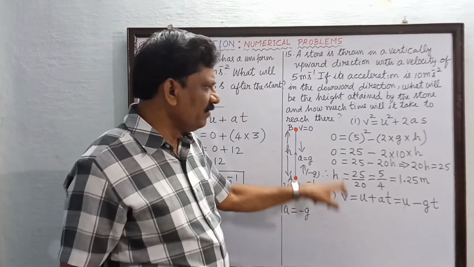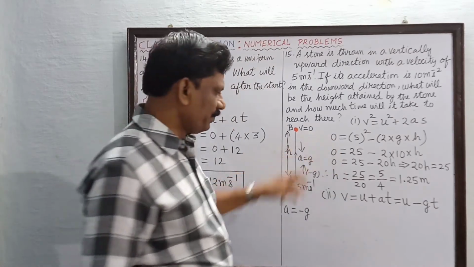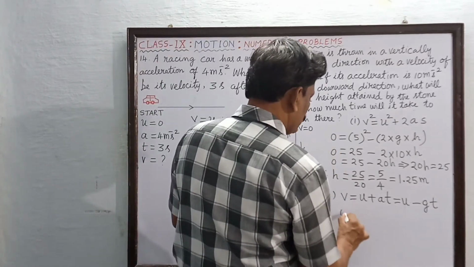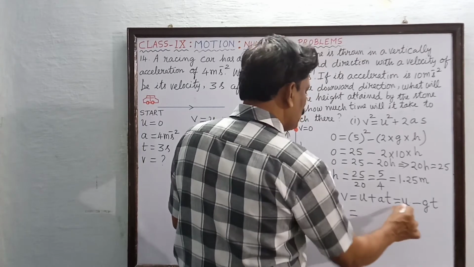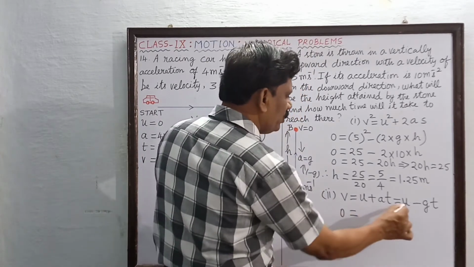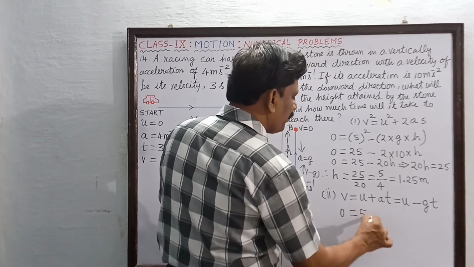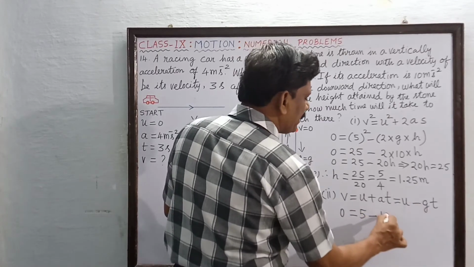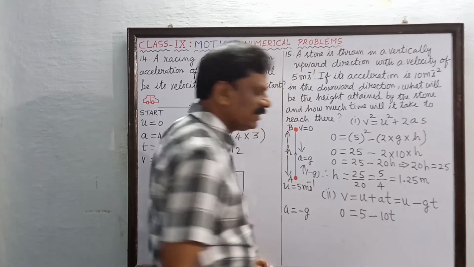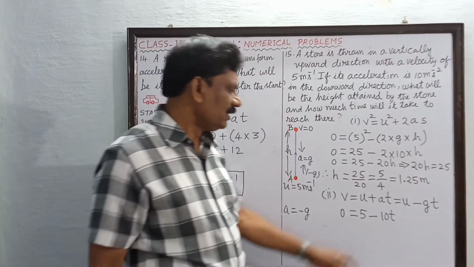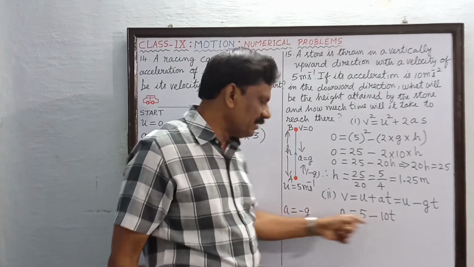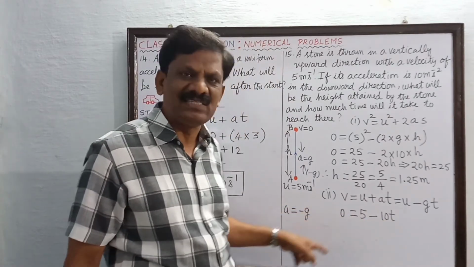Now again, what is v equal to? 0. Understand? So 0 is now equal to, the initial velocity u is 5, minus g which is 10, so 10 into t. This minus 10t can be taken to the left hand side, and it will become positive.